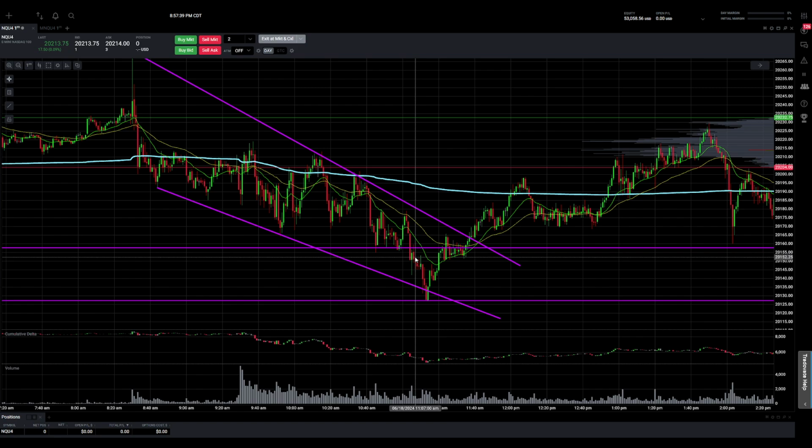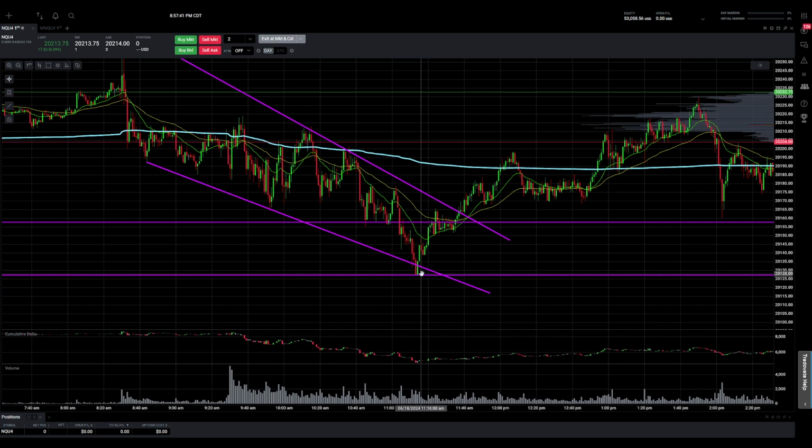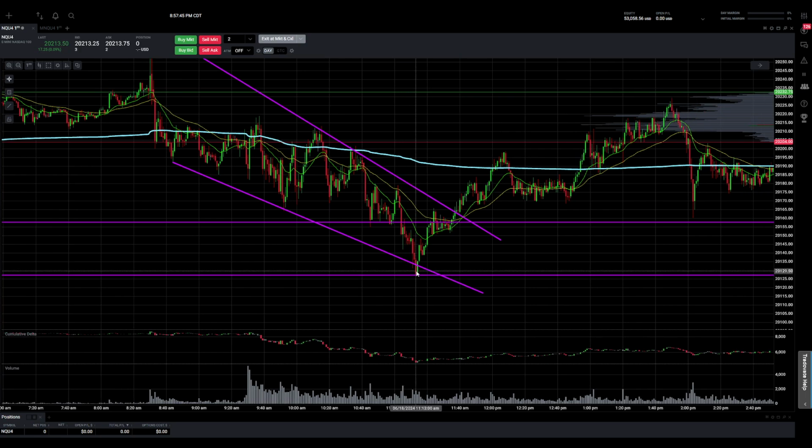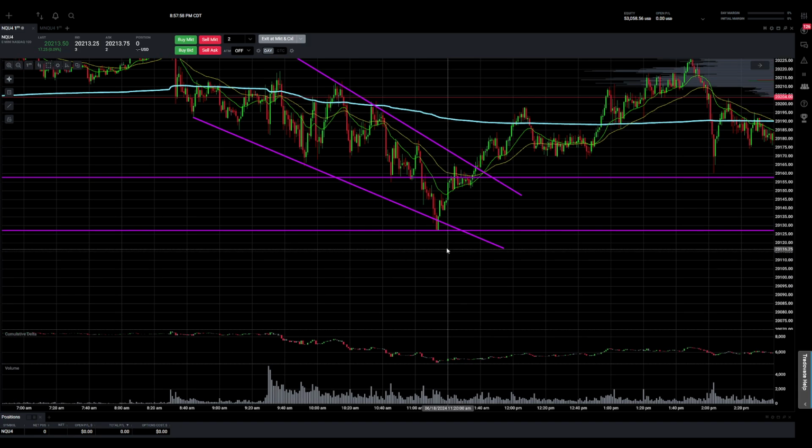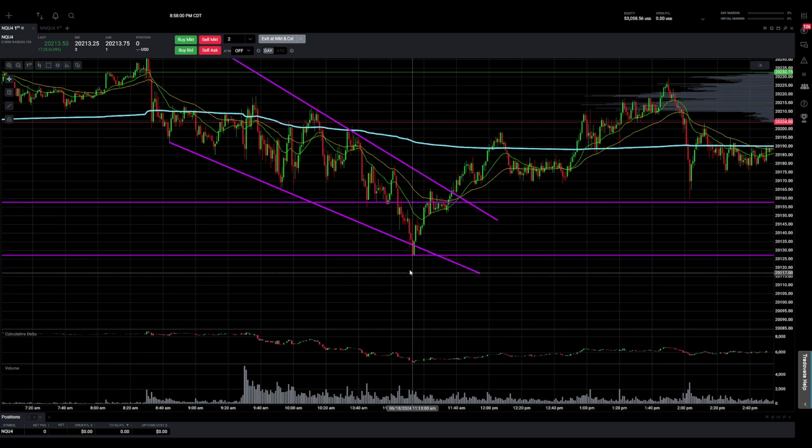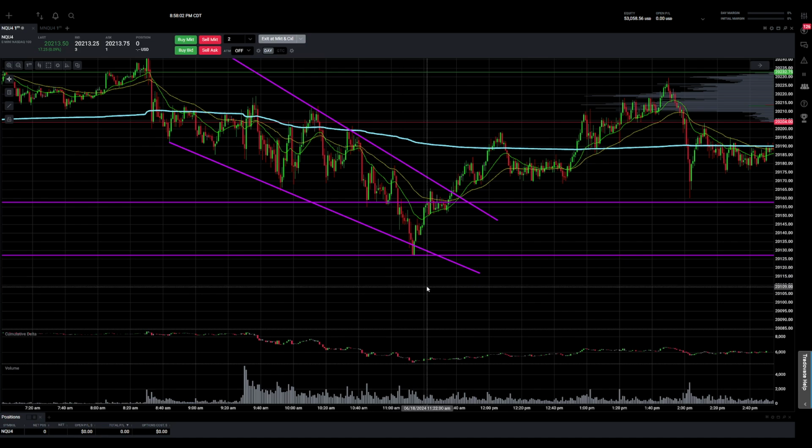So we broke below that level, had a little selling off, and printed a low that wasn't very predictable in my opinion. We also broke below this bottom trend line, and it could have gone much further.